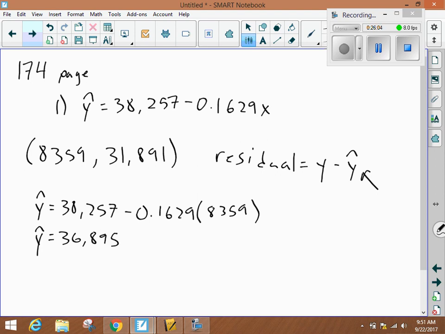Then our residual would be our actual data point minus our predicted, which is going to be equal to $5,004. Dollar bills, y'all.